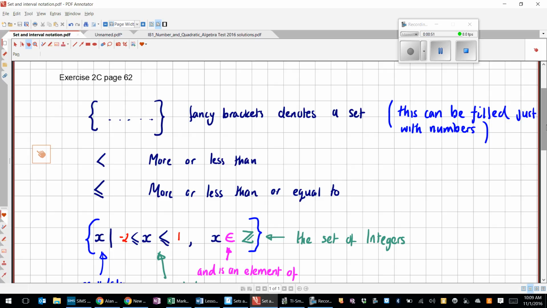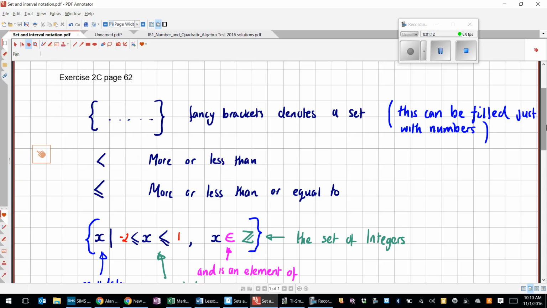And the first sign of set notation are the fancy brackets, the curly brackets, all right? So when you've got curly brackets, that just says to you, this is the set of numbers. So whatever falls within those curly brackets, those are the numbers that you're going to be using.